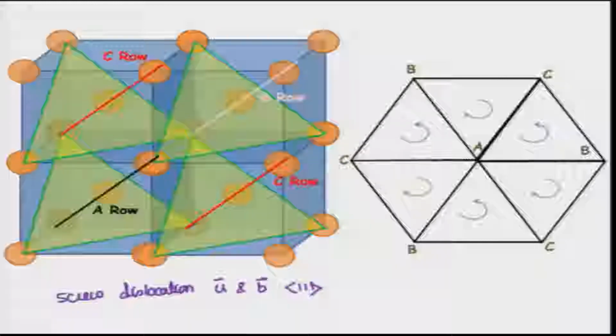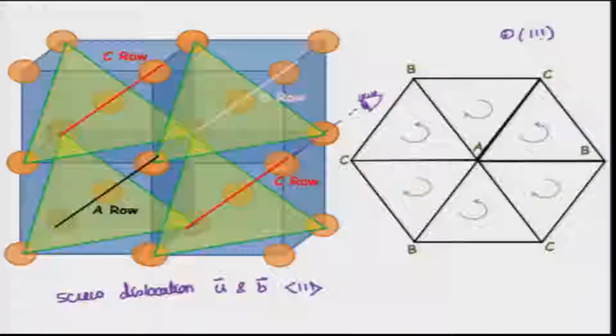so I am extending this, and let us say your eye is as if a person is looking towards the 111 direction. So, this is a 111 plane, meaning we have a plane like this.